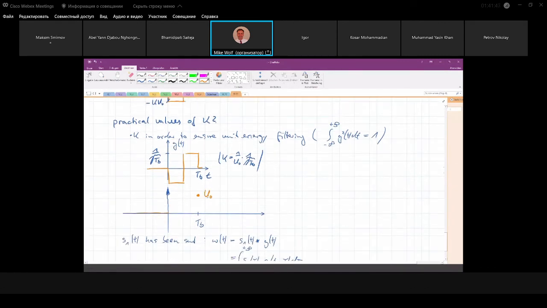Then this amplitude is 1 by square root of TB, and then I integrate over the time, so it's u naught times 1 by square root of TB times TB. And what is it? It's the square root of the energy of our pulse, right? We denoted this as EB. And if we transmit the negative signal, we get this negative amplitude.